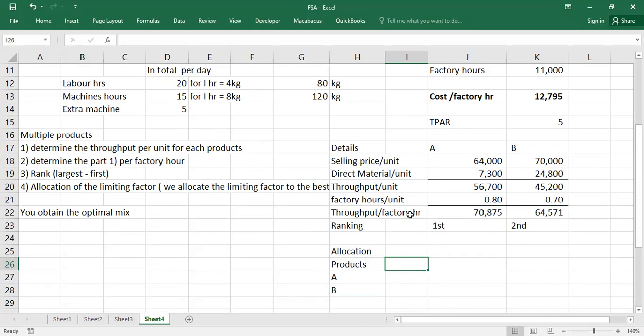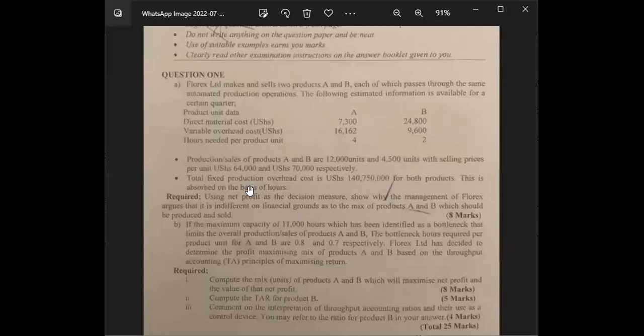If you go to the required part, the required says that what you're looking out is the maximum demand that A and B have accordingly. The maximum demand. What are they saying that the market can afford to buy?